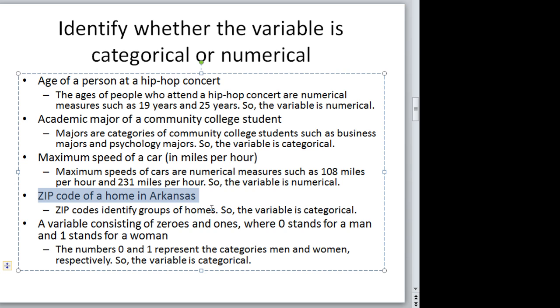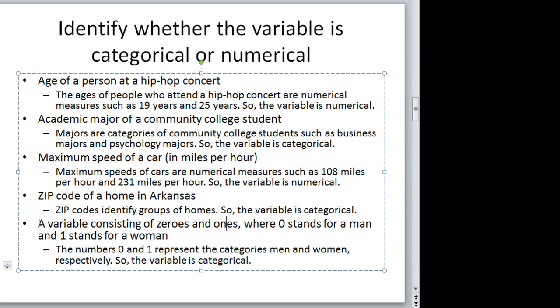Zip code 1000 and zip code 2000 are just referring to different areas, not that one number means twice the other. That's why this is an exception. Even though it looks like a number, this is going to be categorical, right?